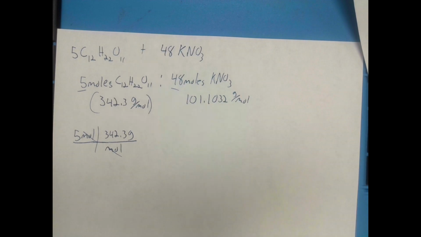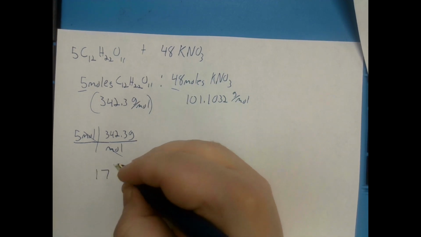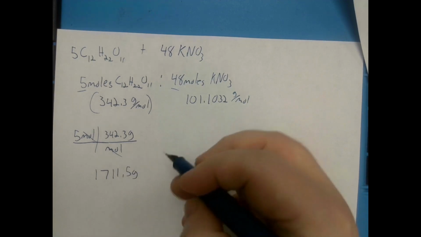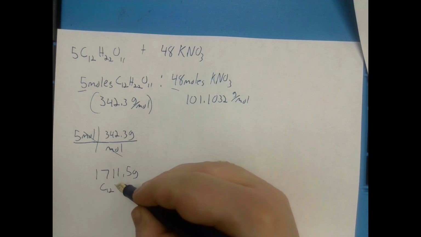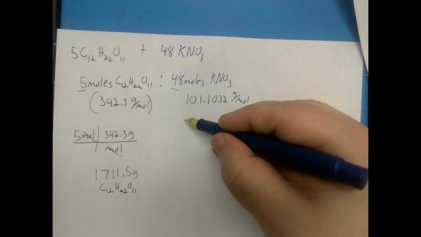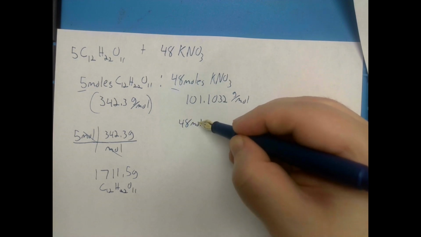Moles cancel out. So 1,711.5 grams of sucrose. And 48 moles over here.